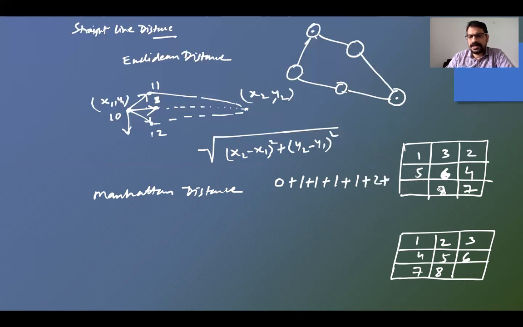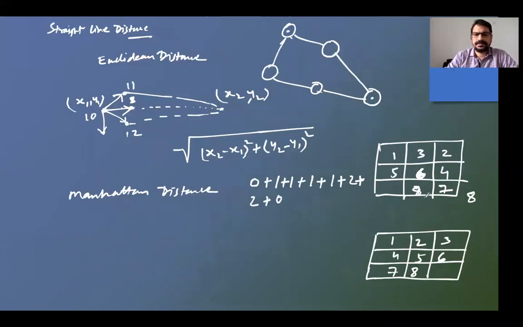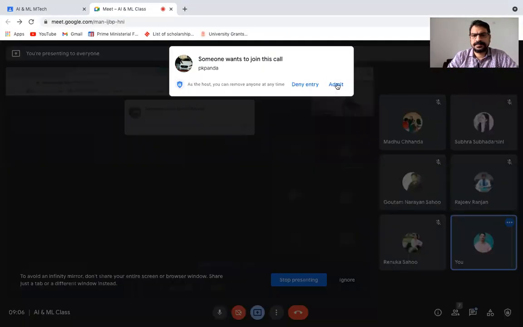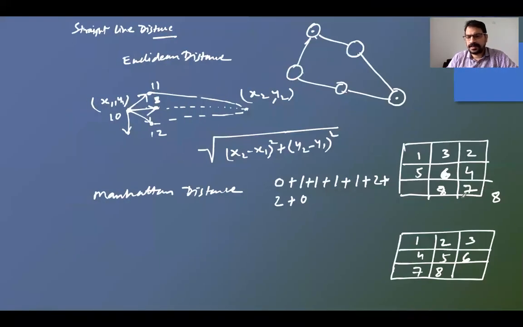Then 8 is in its right position. 7 has to move 2, and 8 doesn't have to move. So the values are 1 and 1, then 3, 4, 5, 6, 7, 8. So 8 is my heuristic value here at that particular state.